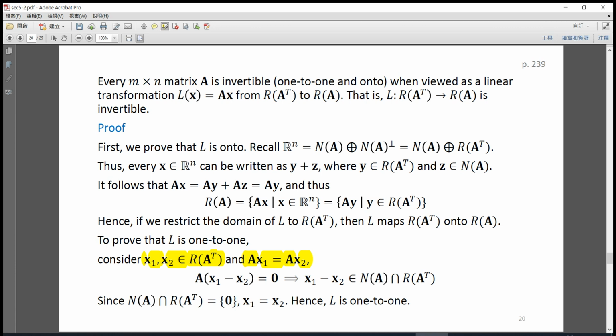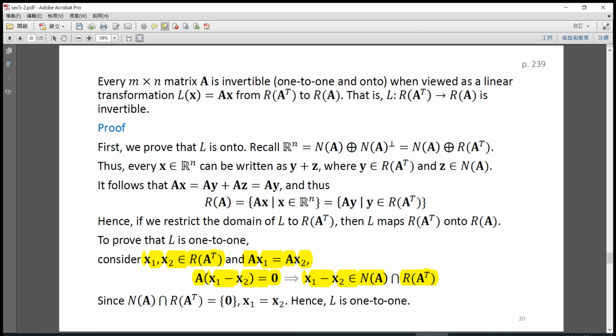Then we have A times (x1 minus x2) equals the 0 vector, which means x1 minus x2 belongs to the null space of A. And because x1, x2 belong to the column space of A transpose, x1 minus x2 also belongs to the column space of A transpose, because R(A transpose) is a subspace, and vector addition is closed in a subspace.